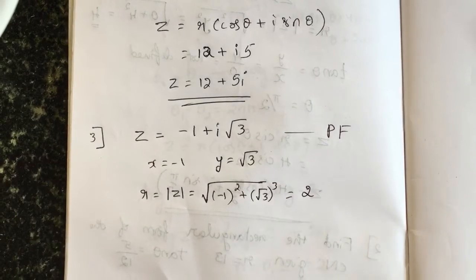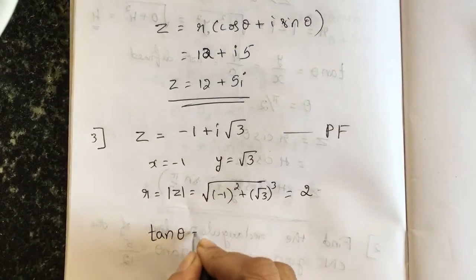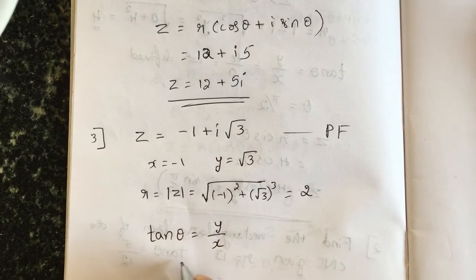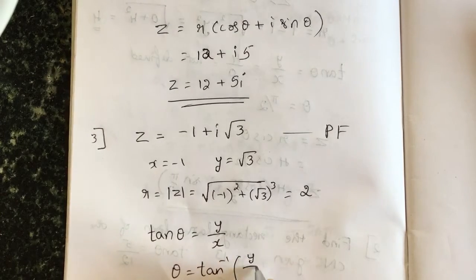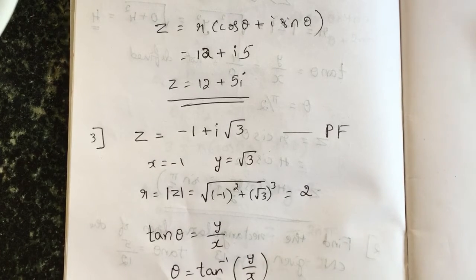Now I have to calculate tan theta equal to y by x. In fact, I can even write theta equal to tan inverse of y by x, and here y is root 3 and x is negative, that's minus 1.